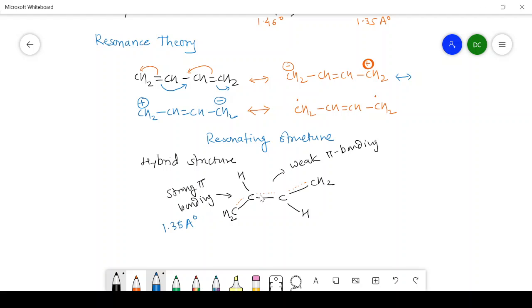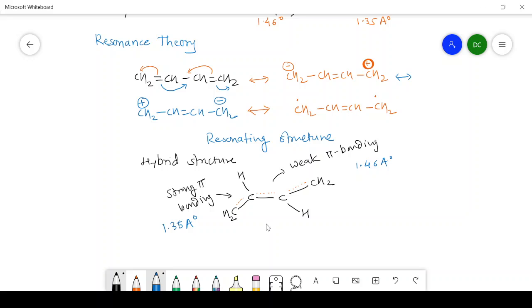Here we know that we have written carbon single bond carbon, but there is a weak pi bonding between these two carbons. That's why the carbon single bond carbon bond length is somewhat decreased, and it is found to be 1.46 angstrom in this hybrid structure.